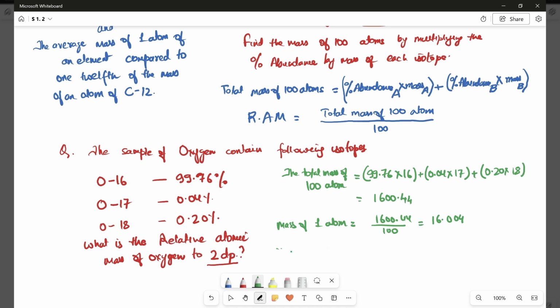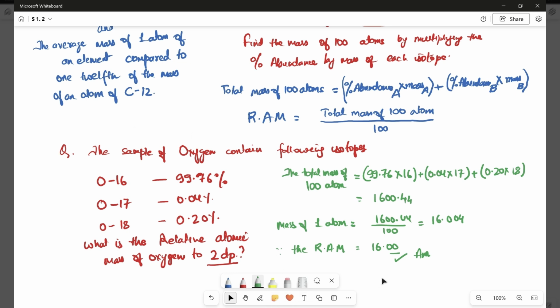So the relative atomic mass is 16.00. That is at two decimal places. This is the answer. And this is how we can calculate the relative atomic mass very easily.